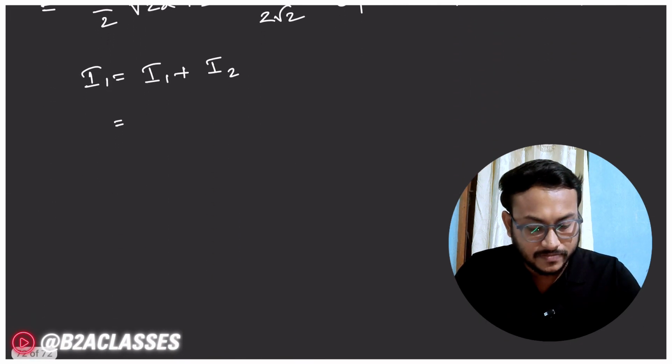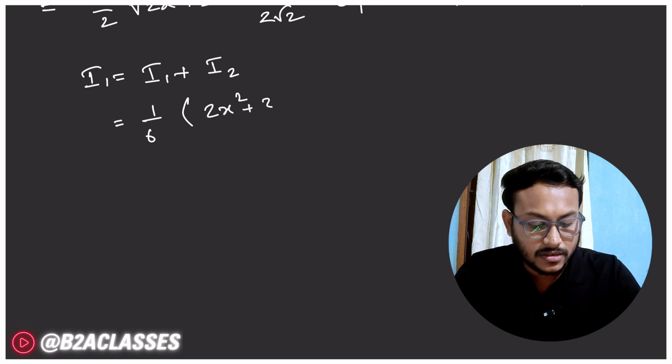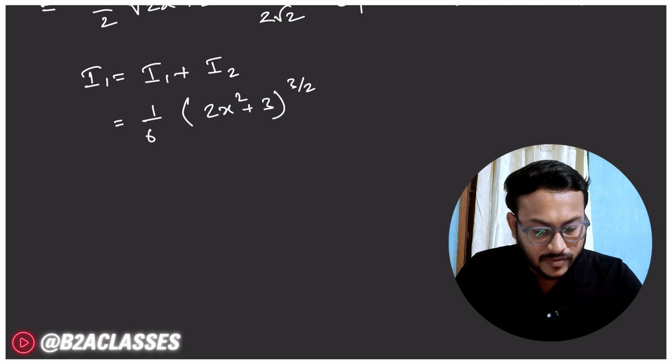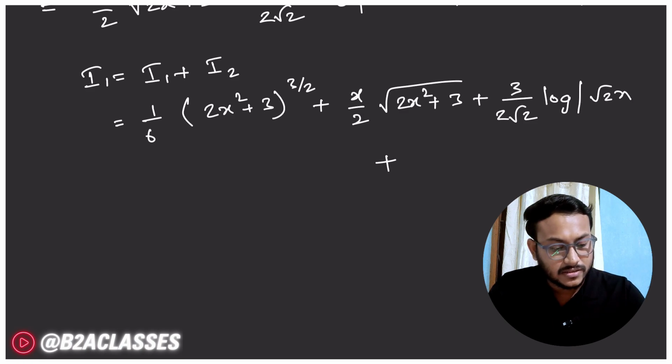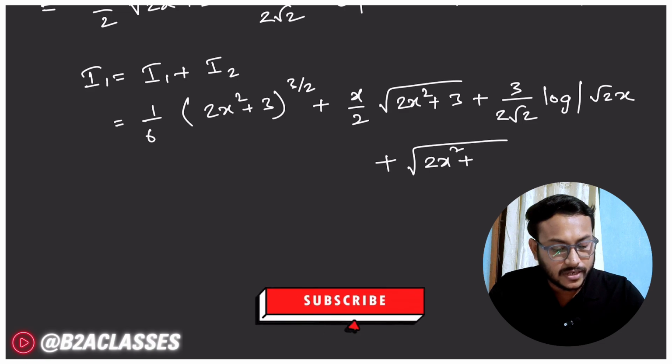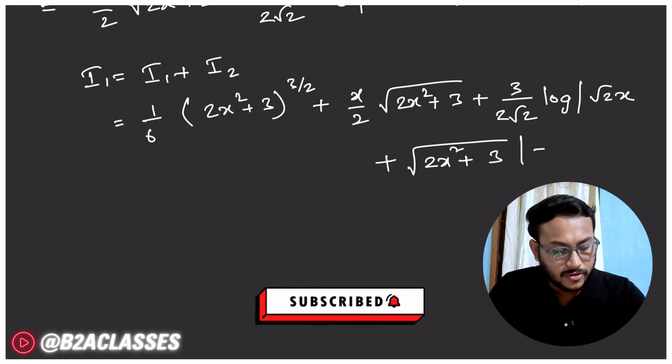This was the solution of I1. And the solution of I2 was plus x by 2 into root over 2x square plus 3, plus 3 by 2 root 2 log of modulus of root 2x plus root over 2x square plus 3, plus c.